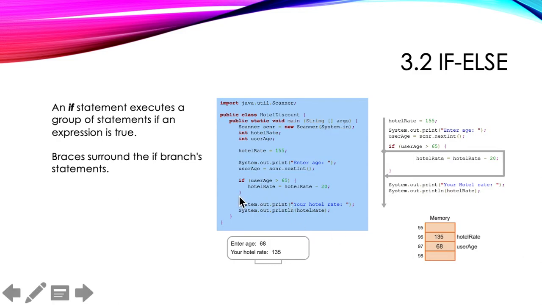In Java, for the if statement, the bracket is where the expression goes. This is where you check whether the condition holds, and then this is where you execute it.